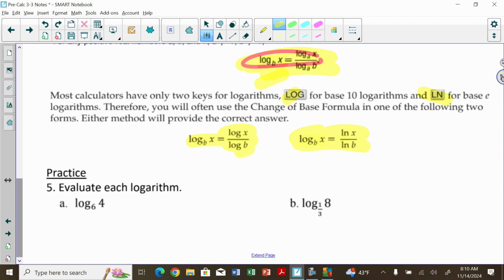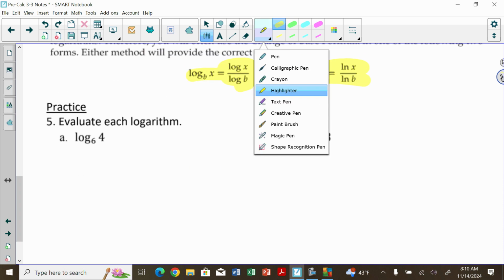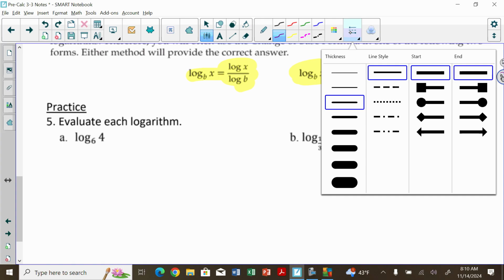Okay. So we have log base b of x, and all we're doing here is changing the base. These will go pretty quick. If you think about it, this would be your b, this would be your x.